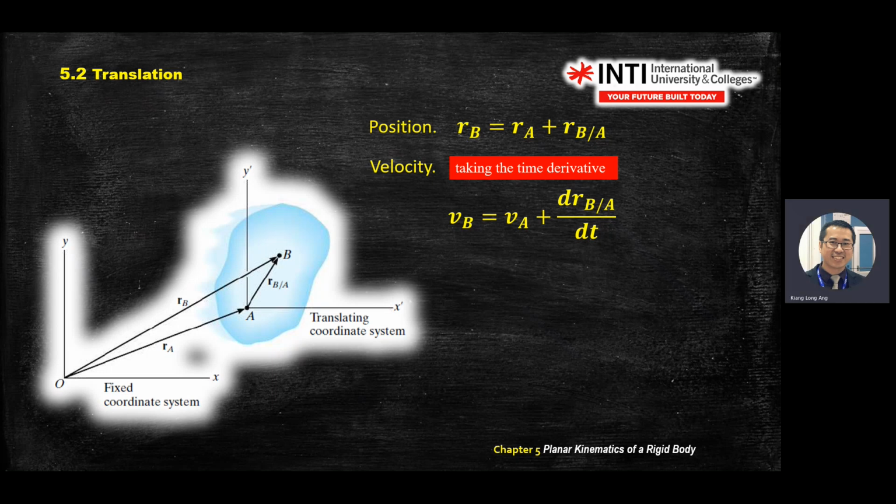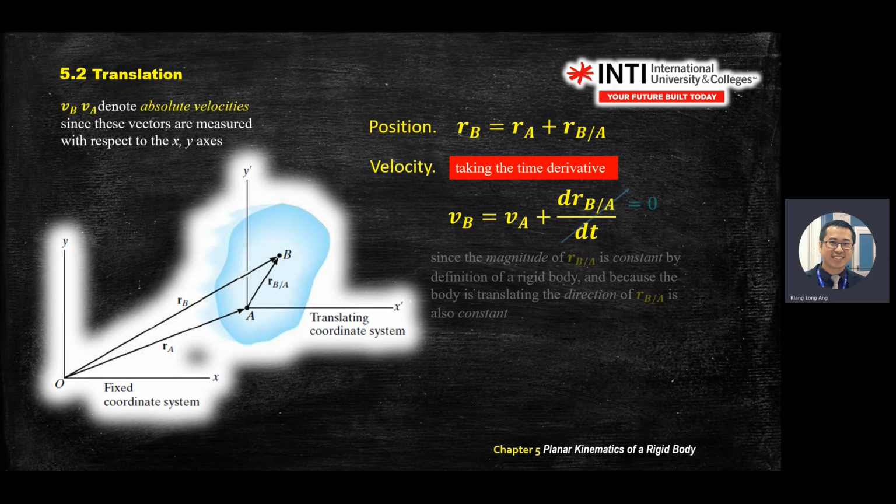What's the distance between my eyes and my mouth, A and B? It's fixed, right? Constant. Constant, you do time derivative, what is the value? 0. There's no change of the length of A and B. My eyes and my mouth don't change, right? So you can cancel.